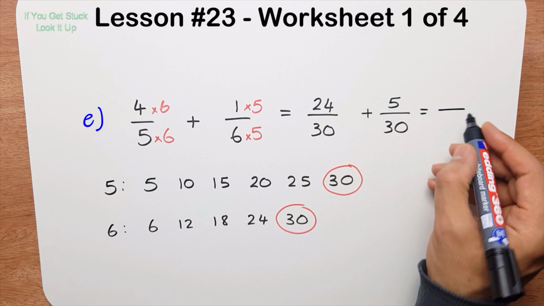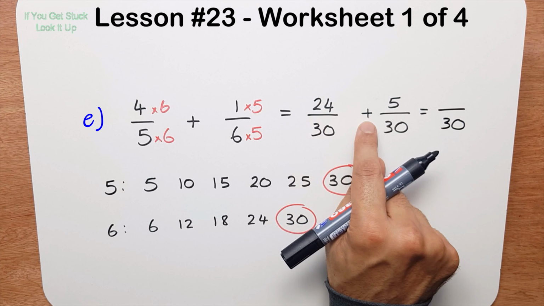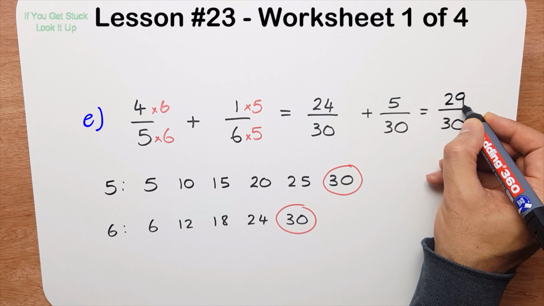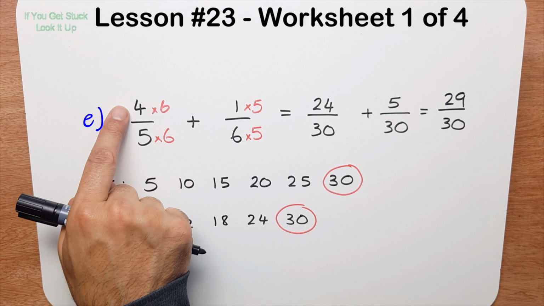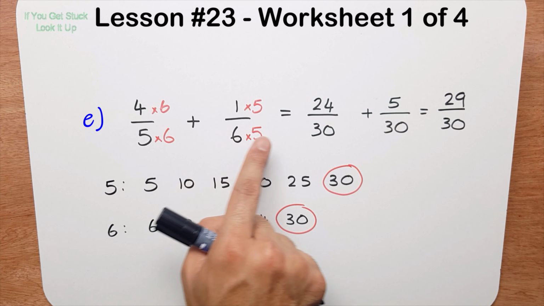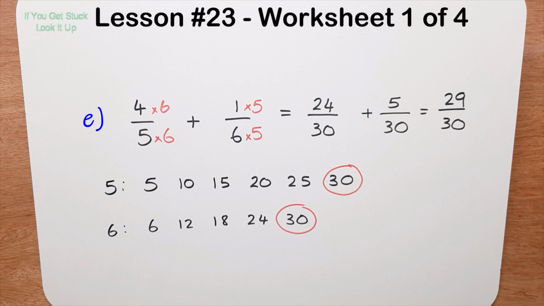So the 30 goes to the bottom. 24 plus 5 is 29. So I can say 4/5 plus 1/6 equals 29/30.